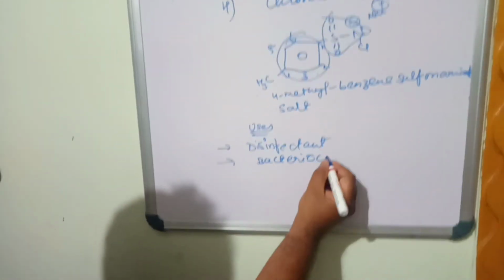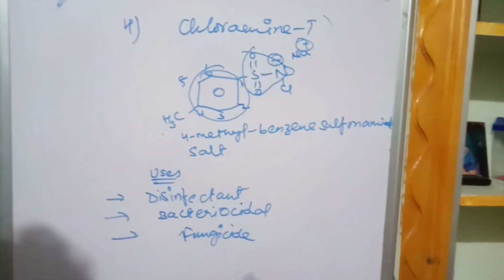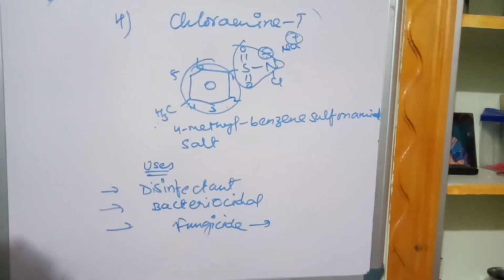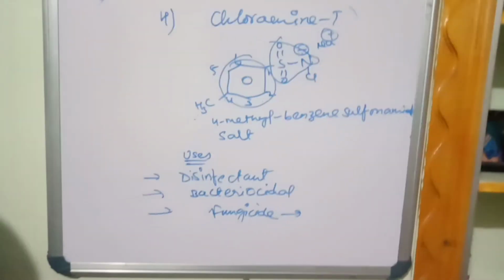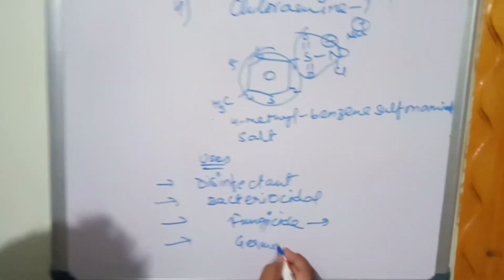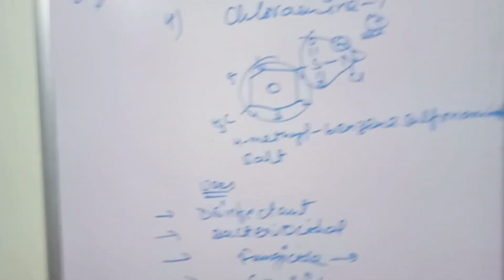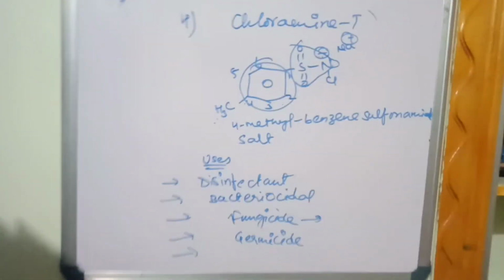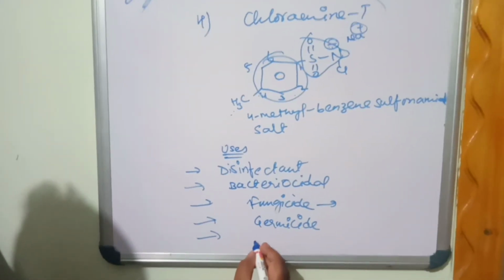Bactericidal means killing of bacteria. It is used as a fungicide. Fungicide kills the fungi or stops the growth of fungi. It is also used as a germicide, stops the growth of germs. Sometimes they are effective against tuberculosis.